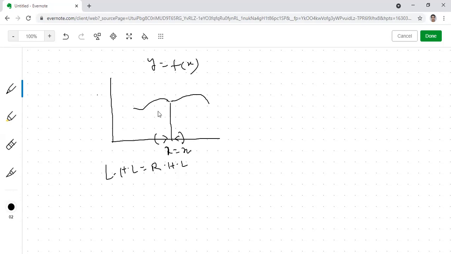This gap can be filled up if the function is continuous. So at the point x0, the functional value should be this. If this functional value f of x0 equals the limiting value, we say that the function is continuous. That means by taking the limit we are approximating the functional value from both ends, and if this equals the functional value at the given point, we can fill up this gap.